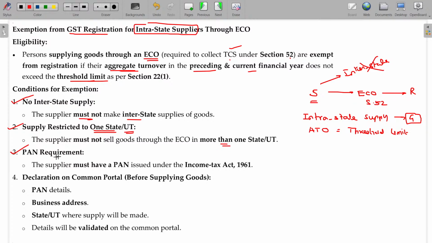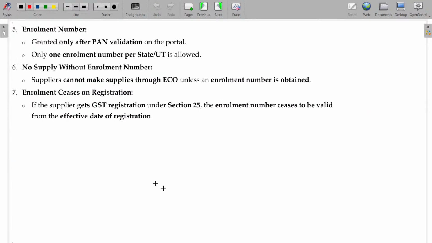Okay, PAN requirement: the supplier must have the PAN declaration in the common portal before supplying the goods. Your PAN detail, business address and state or union territory where supply is made, and it should be validated in the common portal. So we'll see that under registration procedure. And of course, enrollment number. After PAN validation, you will be getting the enrollment number.